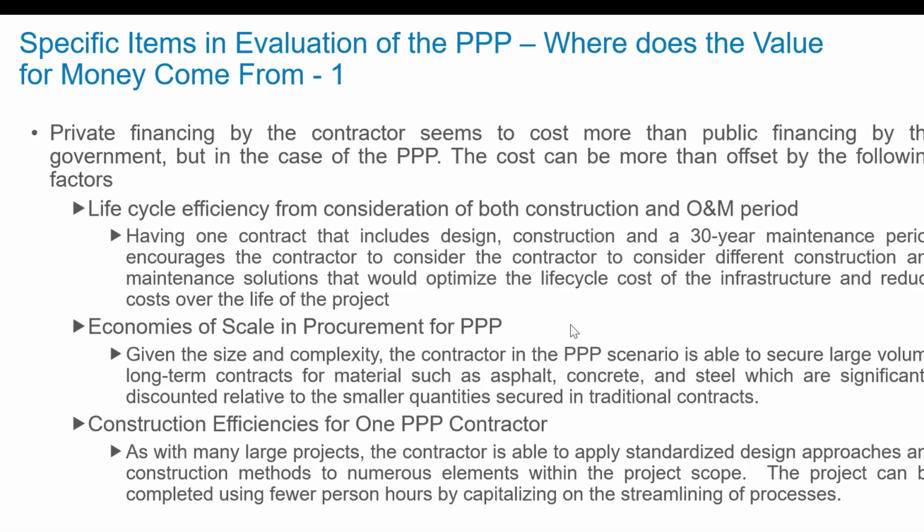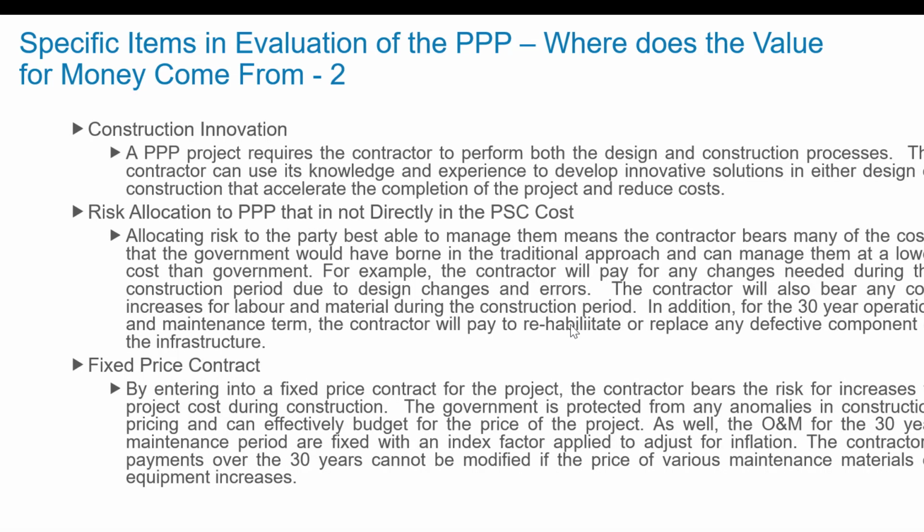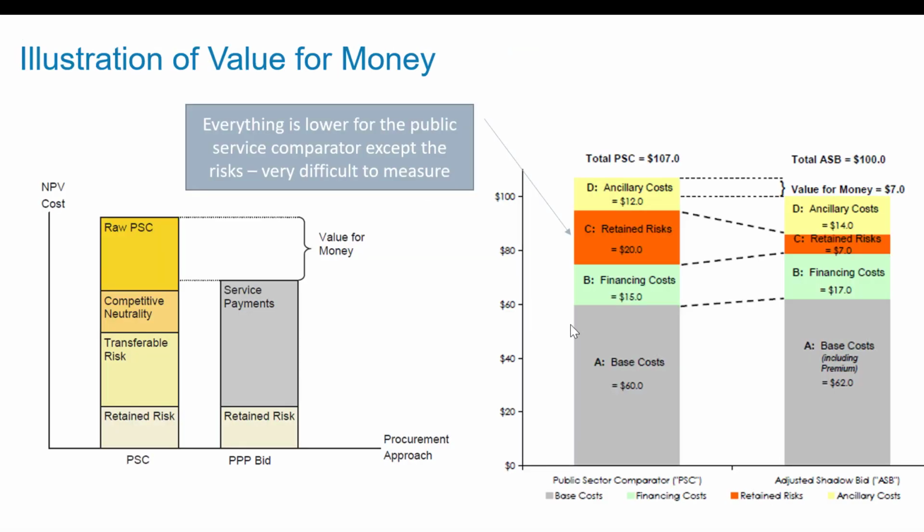This O&M efficiencies and economies of scale, best if it's one contractor, innovation in construction. The biggest one is this risk allocation, and that's the hardest one. Oh God, I don't want to get myself in trouble by getting people all upset at me.